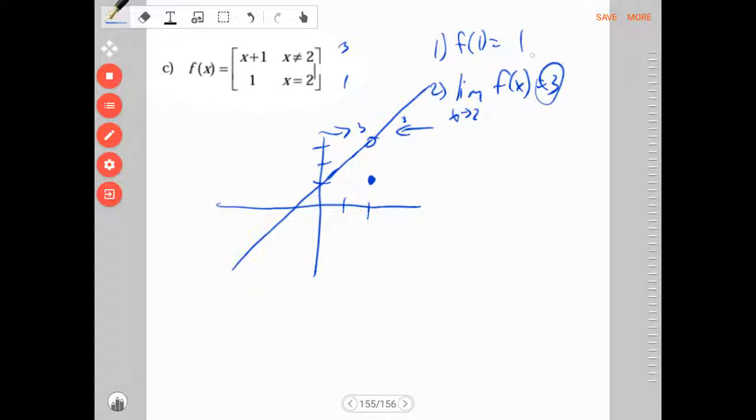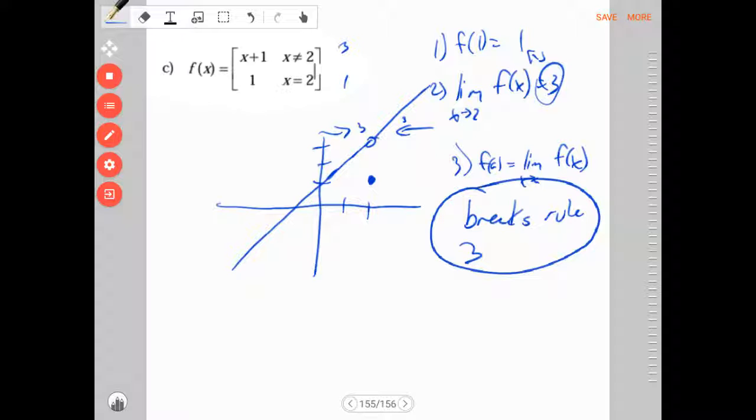What we can see there is the two don't equal each other. Rule 3 is that f of a has to be the same as the limit as x approaches a. They have to be the same, and they aren't. So this one breaks rule 3. Does that make sense? So we have a discontinuity at 2. We broke rule 3 for this one.